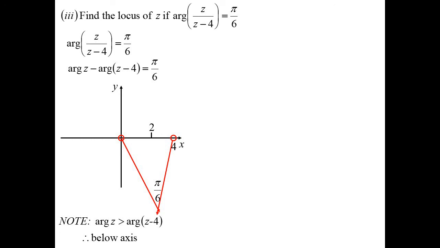All right. I know it's a circle or part of a circle. The line joining 0 and 4 must be a chord on that circle. Now I'm going to use another idea, because the thing we need to find to find our circle is the centre and radius.